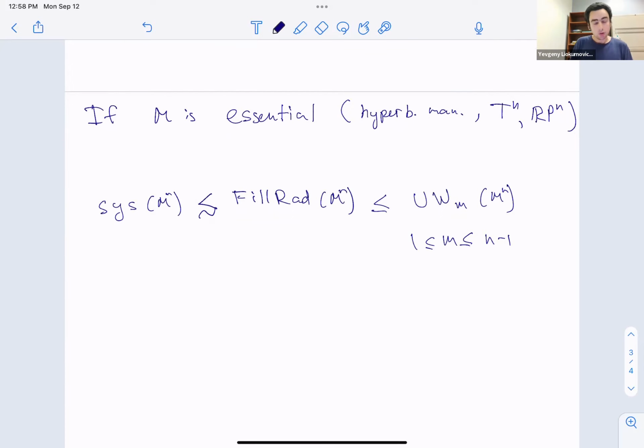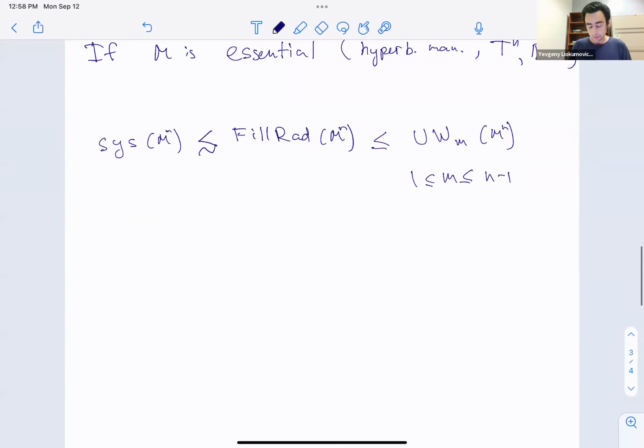Then we have a bound on the length of the shortest non-contractible loop in the manifold M in terms of the filling radius or the Urysohn width of manifold M.